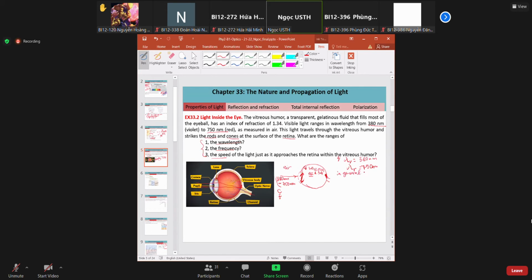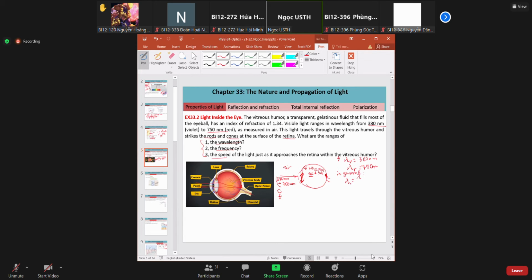In general, this is the relationship between lambda and n.